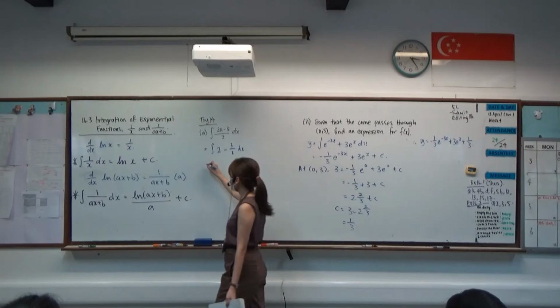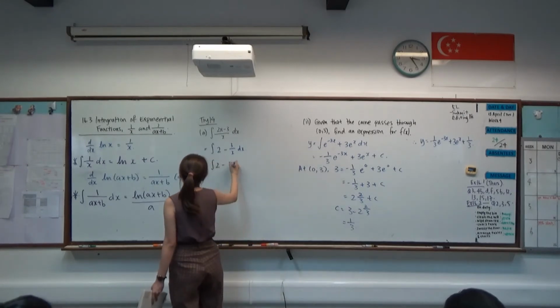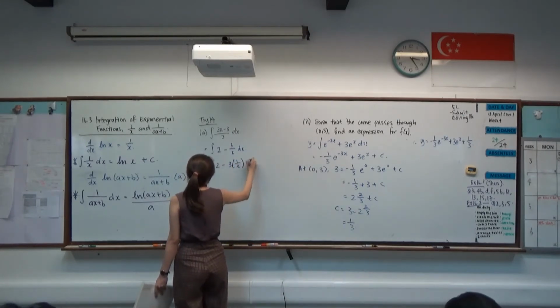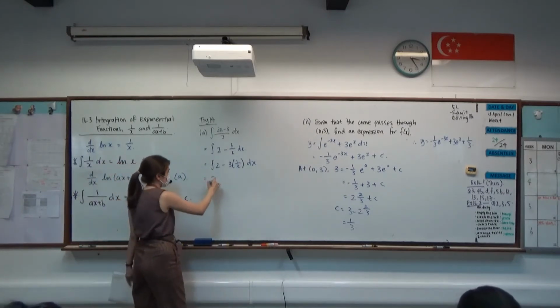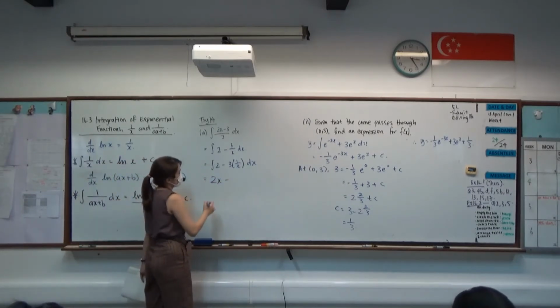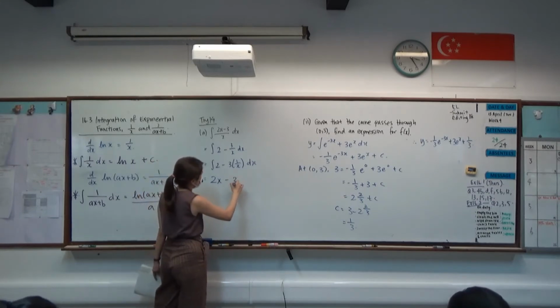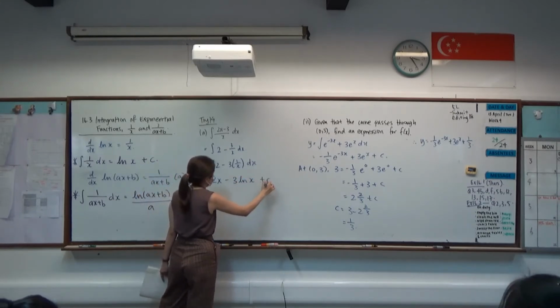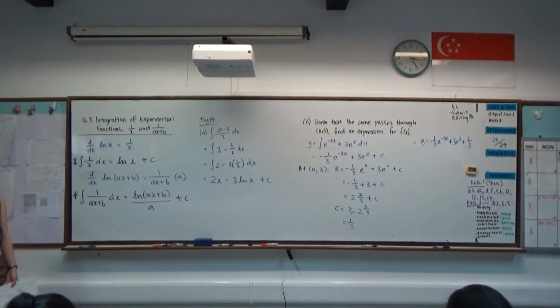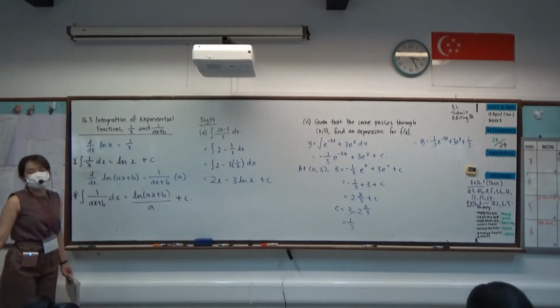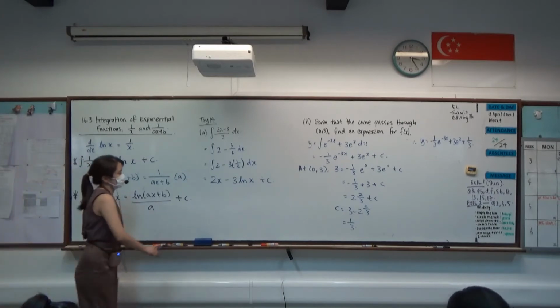Your 3 over x is the same idea as 3 times 1 over x. So as we integrate 2, I will get my 2x minus 3 ln x, and not forgetting to plus c. So the integration of 1 over x becomes ln x.